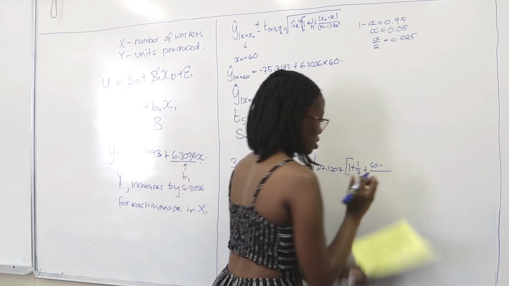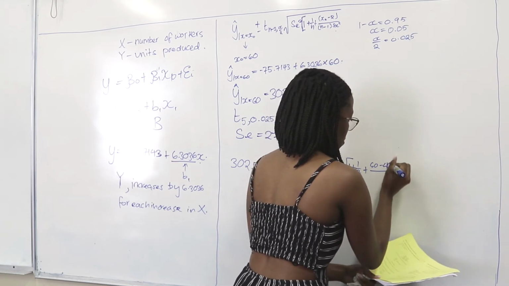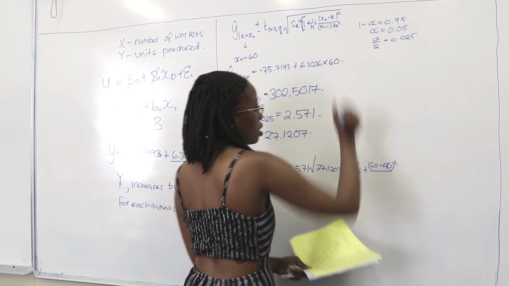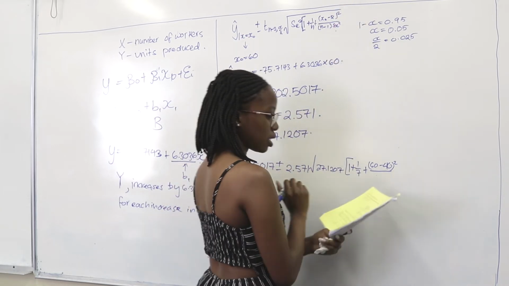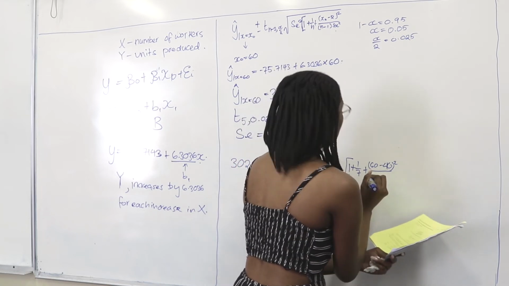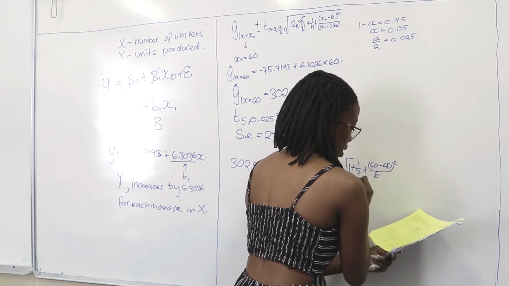Are we getting 40? Yeah. Okay, 40 close bracket squared, sorry I forgot a squared here. Squared, and then over n minus 1, which is going to be 6 times sx squared.